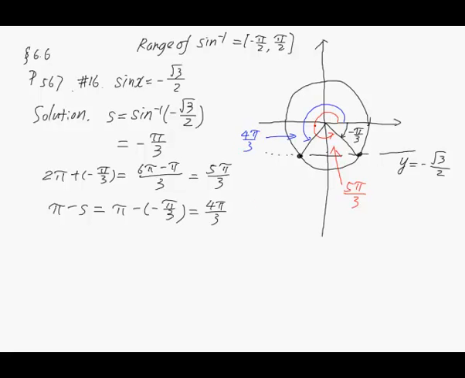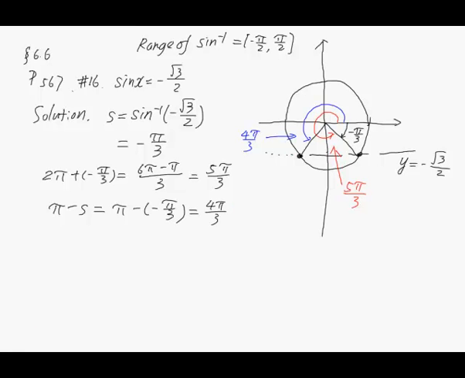So this angle is pi over 3, and then this is pi. So pi plus pi over 3, you get 4 pi over 3. And definitely, you can use pi minus the first special solution to get this second special solution between 0 and 2 pi.